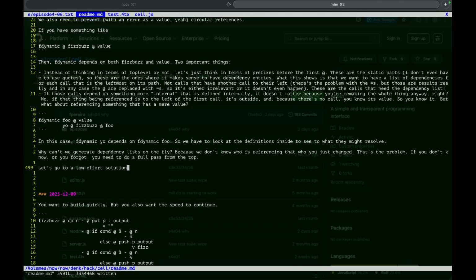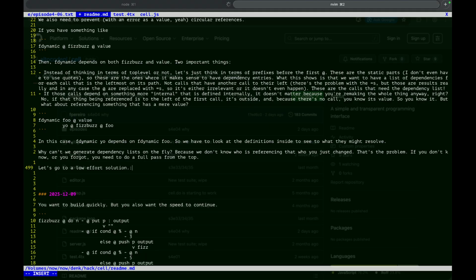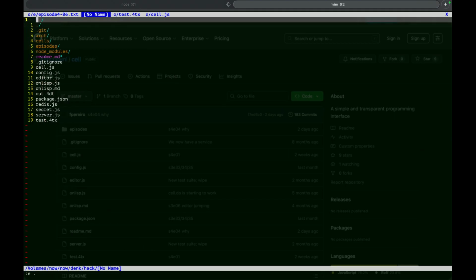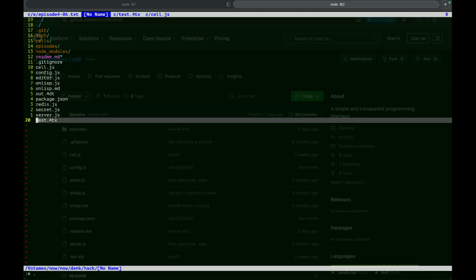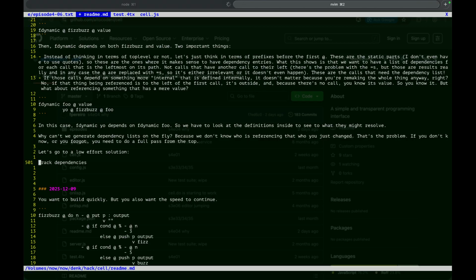So the low effort solution would be to track dependencies for first call prefixes only.